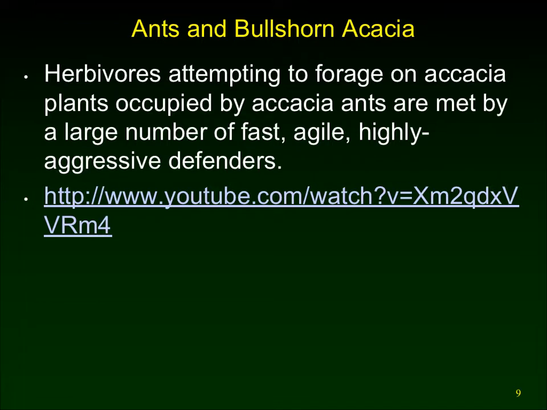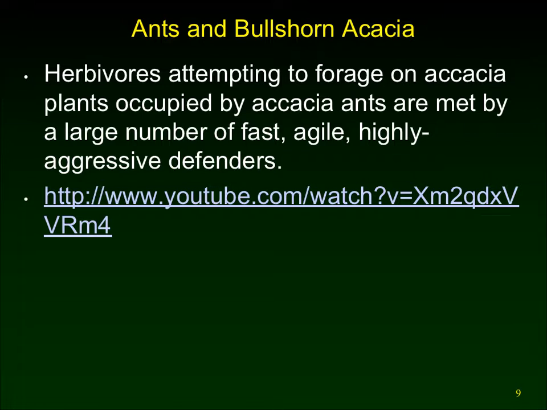Herbivores that attempt to forage on acacia plants that are occupied by acacia ants are met by large numbers of fast, highly aggressive defenders. So the plants actually are protected from being eaten by these ants. Now the ants live in the thorns of these plants, so that's a living space. And then the plant produces nectaries, which provide sugar to the ant.